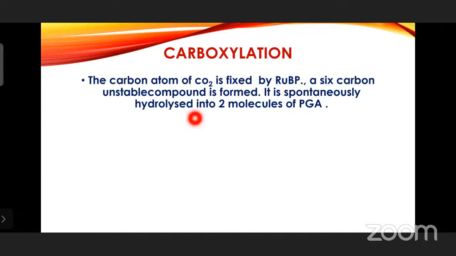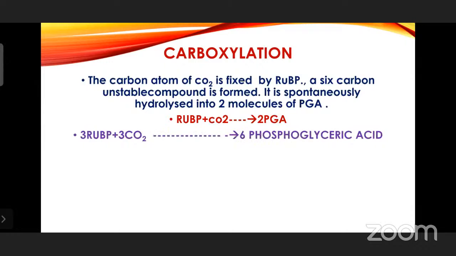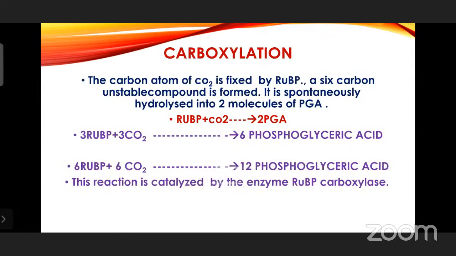It is spontaneously hydrolyzed into 2 molecules of phosphoglyceric acid. So this is carboxylation. For your easiness, I am mentioning one single RuBP combining with single carbon dioxide, then 2 PGA will form. When 3 RuBPs are combining with 3 carbon dioxide, 6 PGA is going to form.